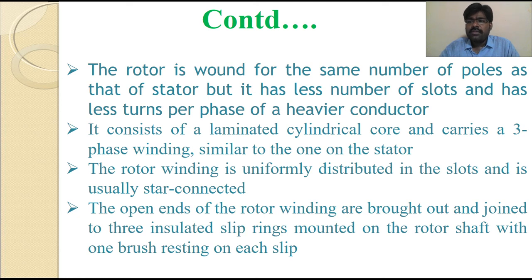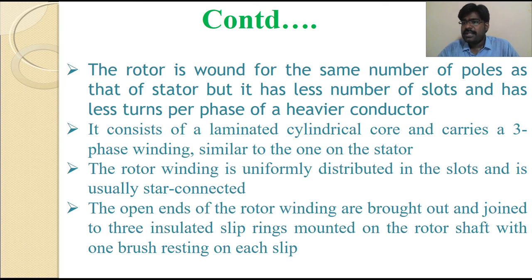So the point is, the rotor is wound for the same number of poles. If the stator has 2 poles, the rotor will also be wound for the same number of poles. Then it consists of a laminated cylindrical core and carries a 3-phase winding similar to the one on the stator.